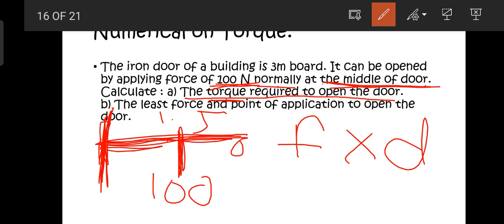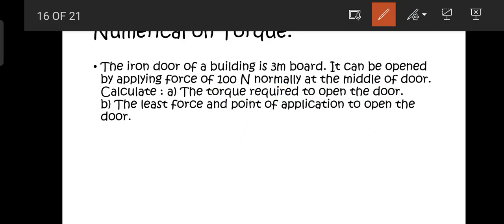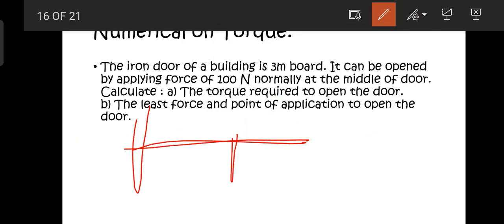It is given at the middle of the door, so the line of action is at the middle of the door. Here it is 3, here it is 0, at the middle 1.5 and here 100 Newton.